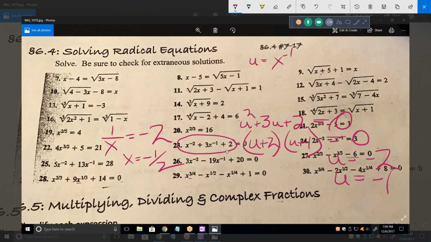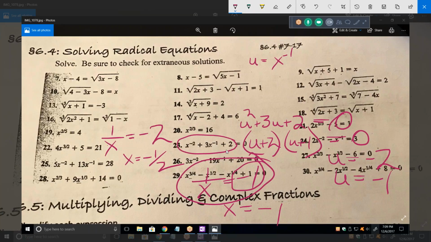Well, u is 1 over x equals minus 1. What is x equal to? Just minus 1. Negative 1. Again, you're multiplying both sides by x, and then you're dividing both sides by whatever that is.